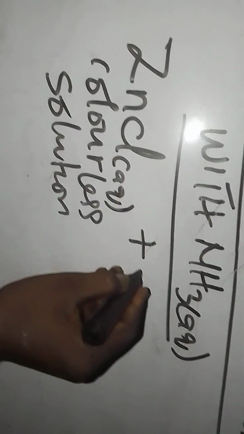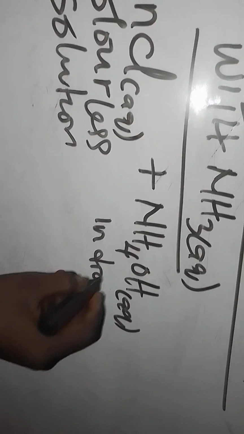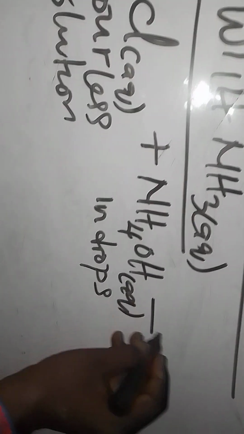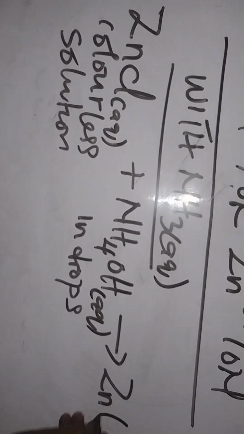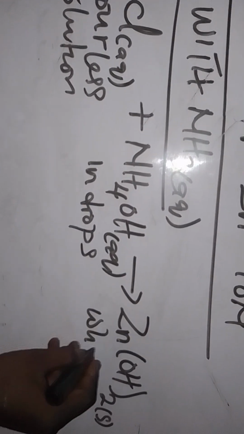And when you add aqueous ammonia, is the same thing as NH4OH, ammonium hydroxide. So if you do it in drops, you add just little. There will be interchange of ions. You are going to have zinc 2 hydroxide, which is also a white gelatinous precipitate.